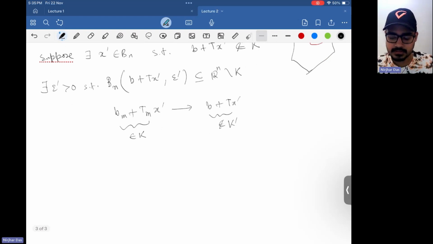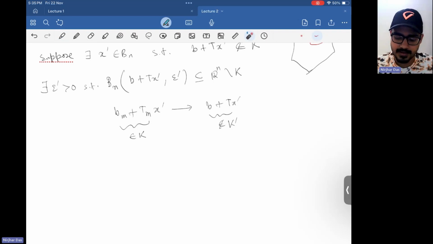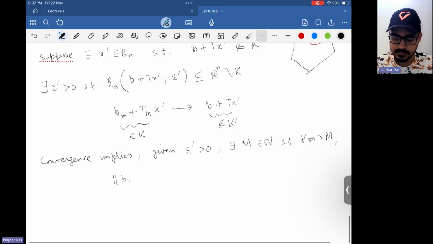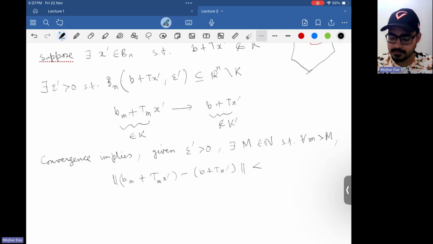That actually cannot happen because the convergence says that whatever epsilon dash you pick, even for this given epsilon dash that we have, convergence implies: given epsilon dash greater than 0, there exists some M belonging to the natural numbers such that for all m greater than M, the distance between bm plus tm of x dash and b plus t of x dash will be less than epsilon dash.